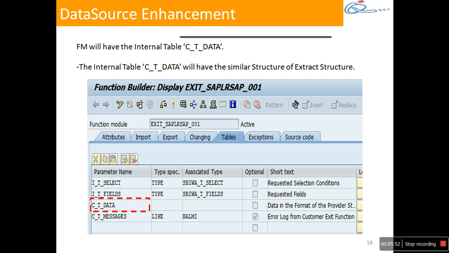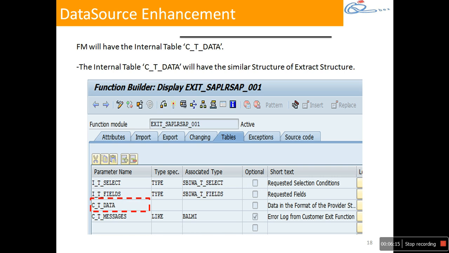By default you will have a table called C_T_DATA filled with all the 1000 records, but for all these records you will have only field 1, 2, 3, 4 filled, and field 5 will be blank. So you just have to catch hold of this table C_T_DATA, loop through it record by record and start manipulating the value for the 5th field.